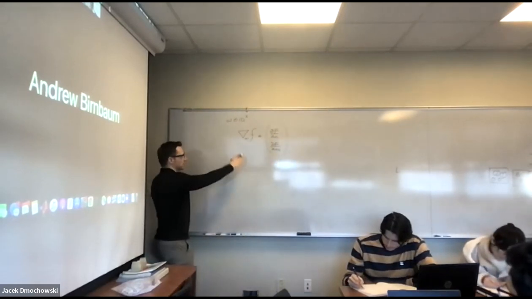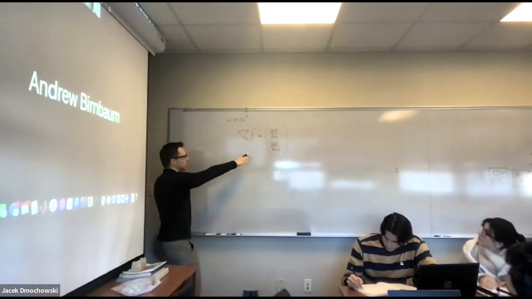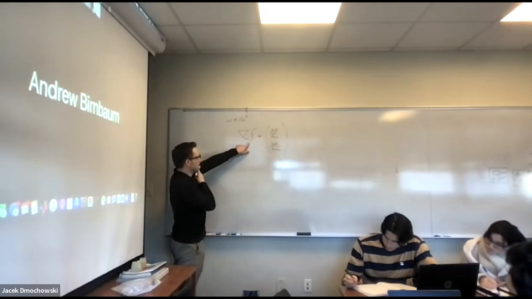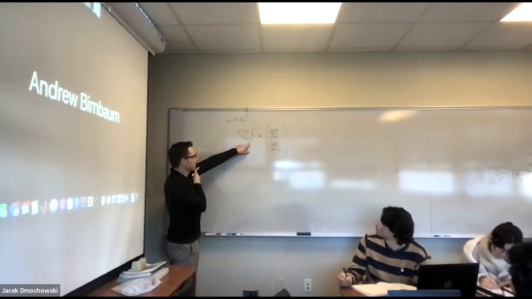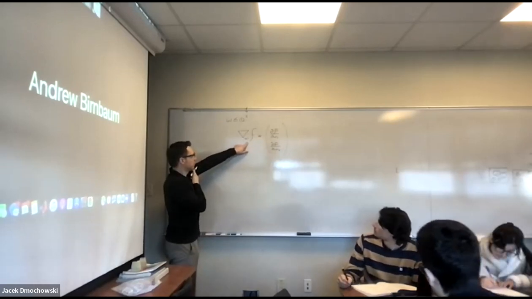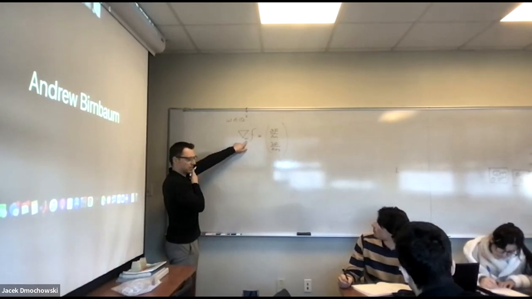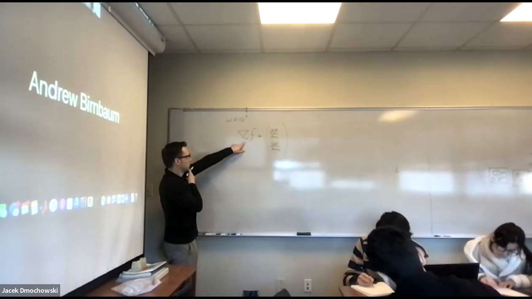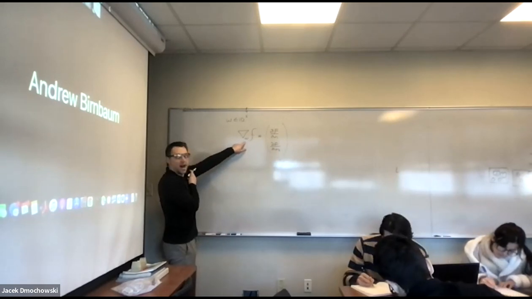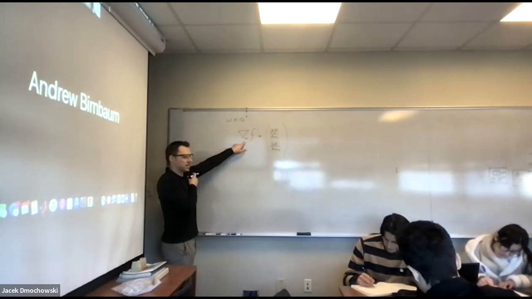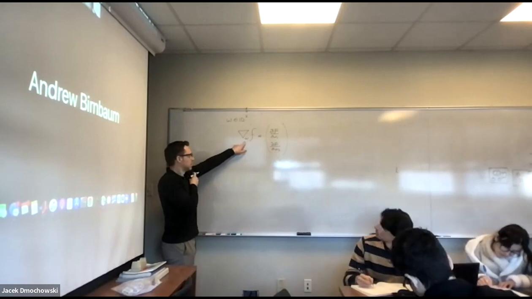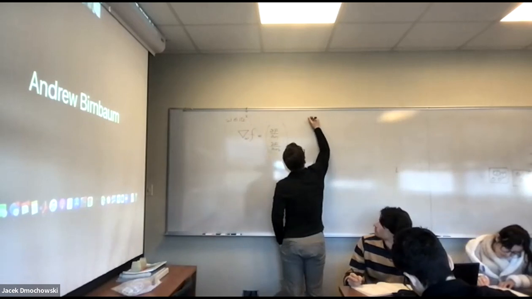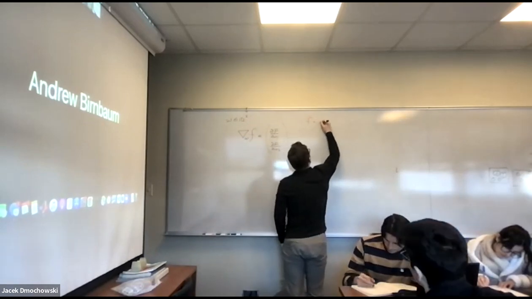So it's a 2-element vector where the first element is the derivative of f with respect to the first element of w, and the second element is the derivative of f with respect to w2. And our function is this.